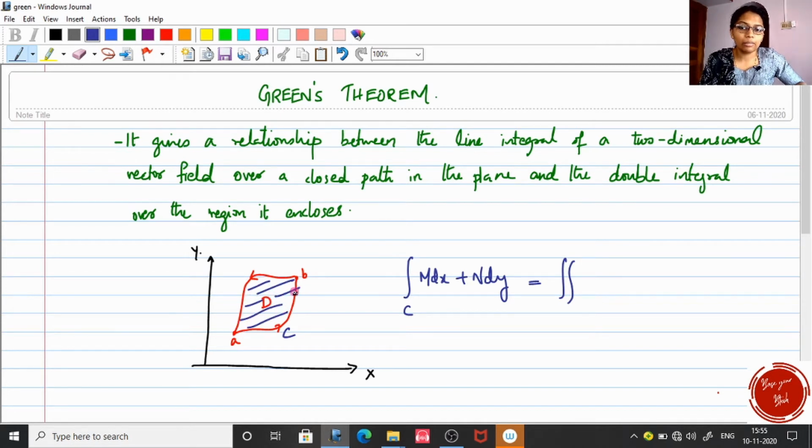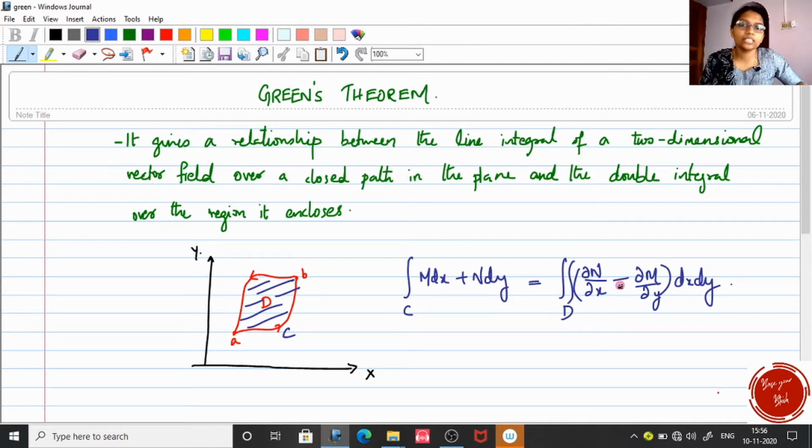The integrand would be ∂N/∂x minus ∂M/∂y. Since it is a double integral, we have dx dy over here. So this is the basic expression for Green's theorem.